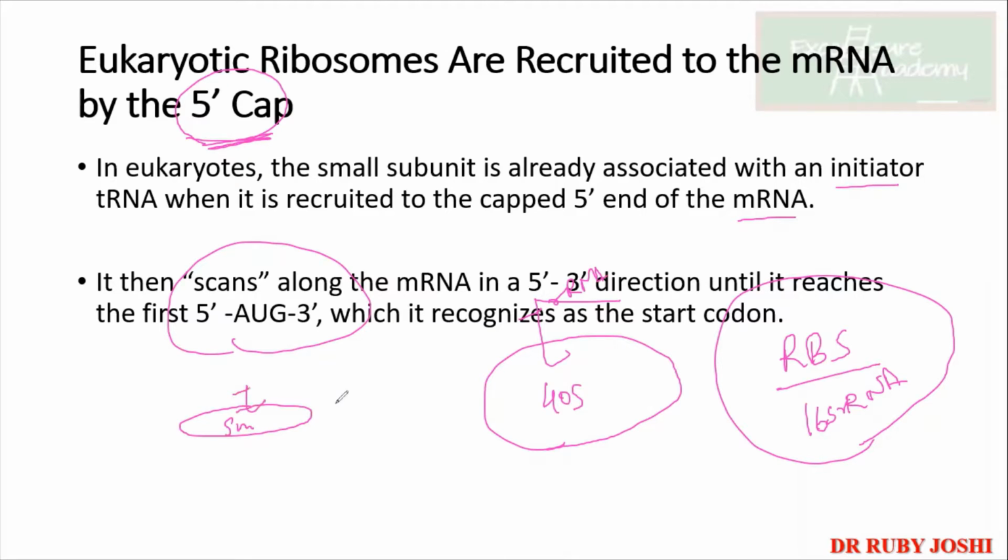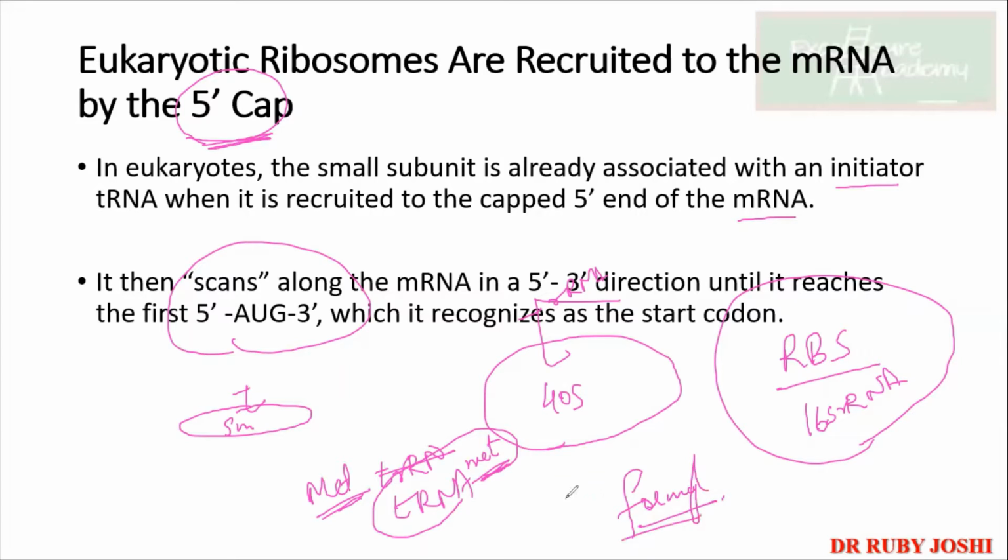Now what is the initiator tRNA? It is the normal tRNA Met, which has the anticodon for methionine and is attached only to the amino acid methionine. Whereas in prokaryotes, we saw that an additional formyl group was added. In eukaryotes, it is normal methionine only.